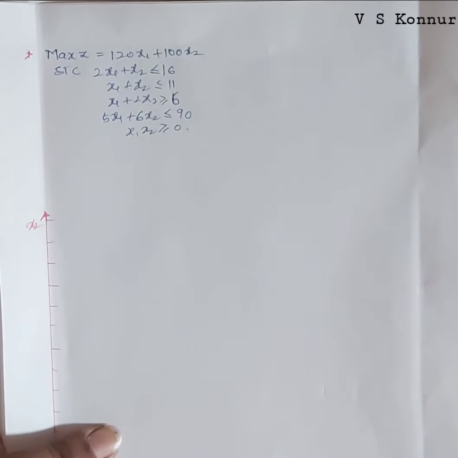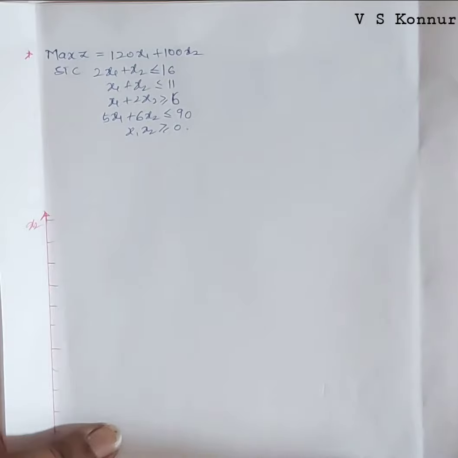Next constraint x1 plus x2 less than equal to 11. The next constraint x1 plus 2x2 greater than equal to 6. Next constraint 5x1 plus 6x2 less than equal to 90. So x1, x2 greater than equal to 0.